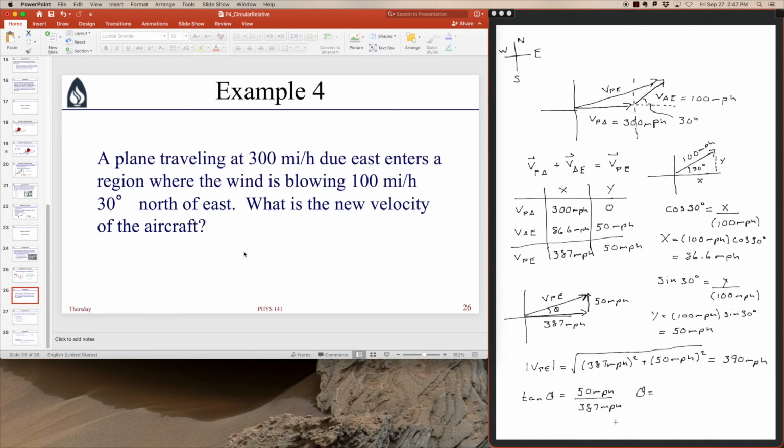And if I do that, I get an angle of about 7.36 degrees. And this angle is the angle that is north of east. So this would be 7.36 degrees north of east for the direction of my velocity of the plane with respect to the Earth. So that would be the new velocity of the aircraft.